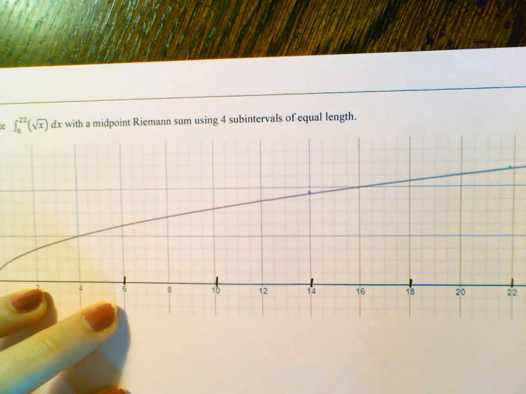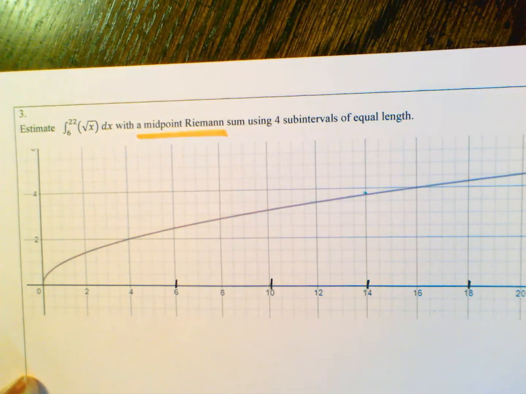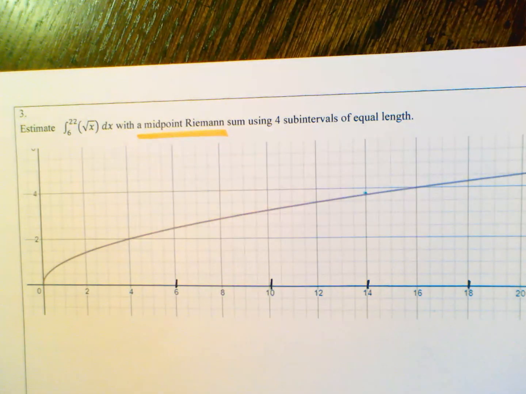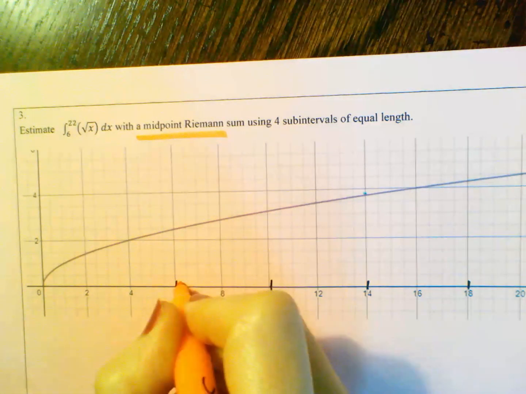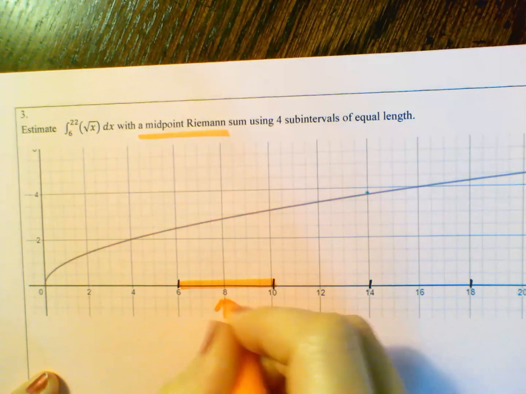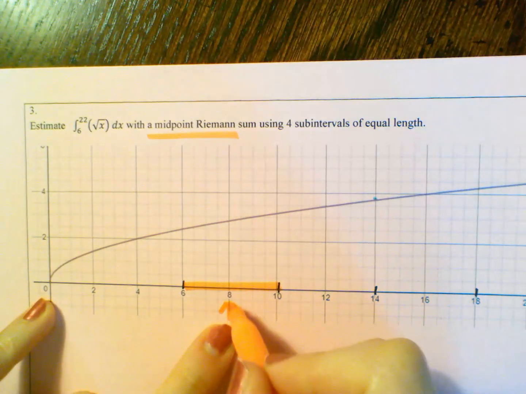And you could probably guess the way this is going to work, midpoint Riemann sum. So the left, right, midpoint is telling you what point on the subinterval that you're going to use for the height. All right. So the midpoint Riemann sum, you're going to use the midpoint of the subinterval to go up to the graph and get the height. So this is 8.